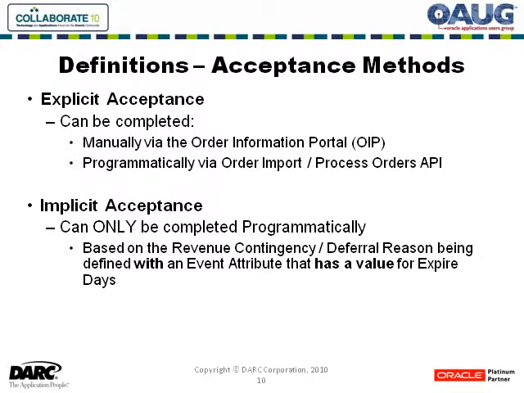The explicit acceptance can be completed in two manners, either manually via the Order Information Portal, which I'll refer to as OIP going forward, or programmatically via the Order Import process or the Process Orders API program. Implicit acceptance can only be performed programmatically, and this program updates based on the implied understanding that an expiration date has passed, so it's implied or understood that this transaction needs to be accepted and updates the record.